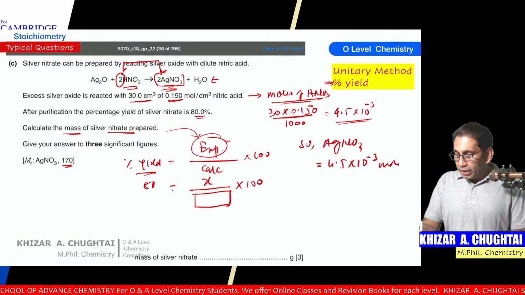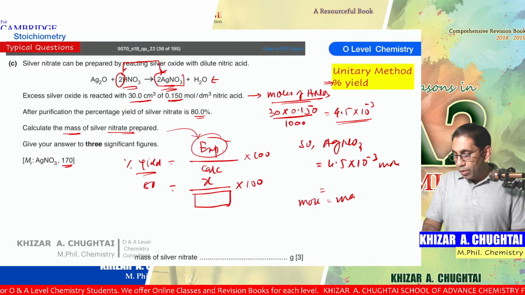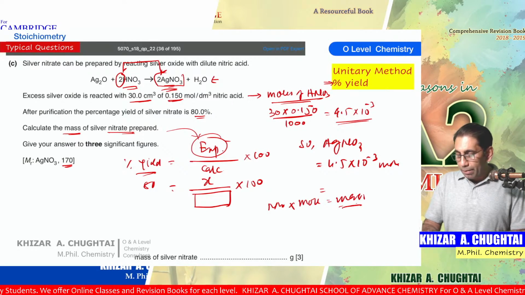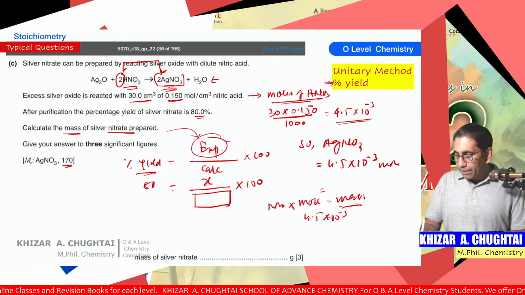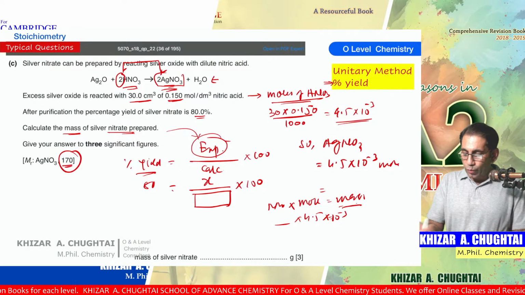Now I'm going to change this mole into the mass. And you know the formula: mole is equal to mass over Mr, or mass is equal to mole into Mr. And mole is equal to 4.5 into 10 raised to power minus 3. Mr of this AgNO3 is equal to 170.